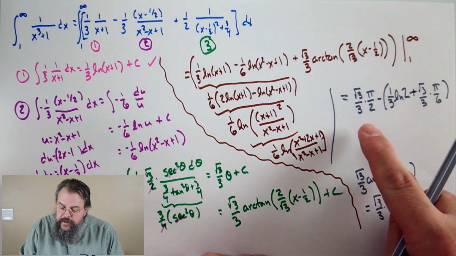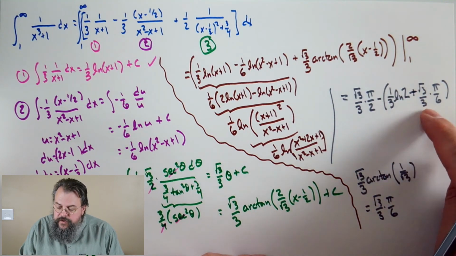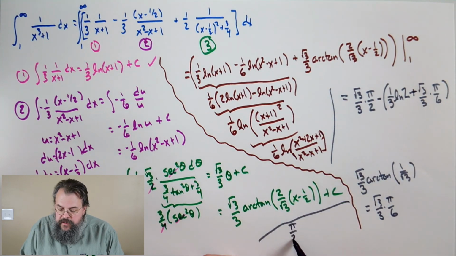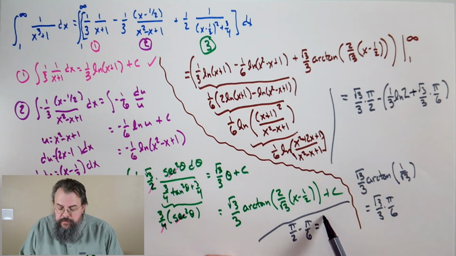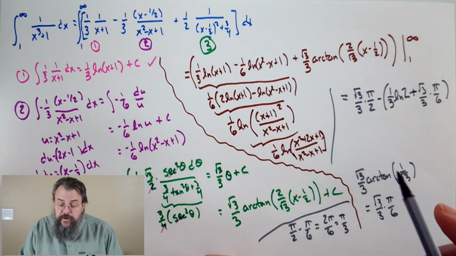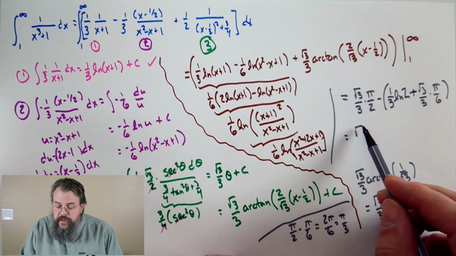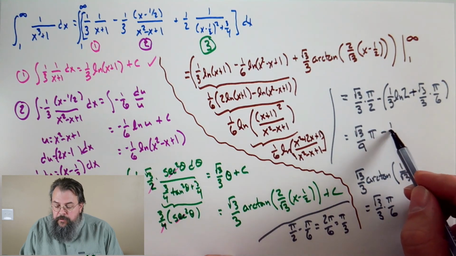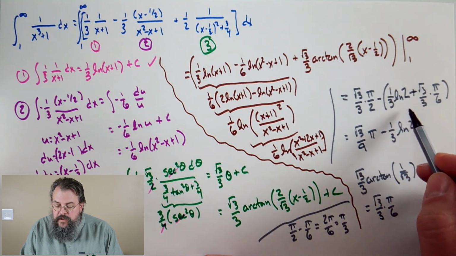Well, look, here's a root 3 over 3 times pi over 2, minus a root 3 over 3 times pi over 6. So pi over 2 subtract pi over 6: that's 3 pi over 6 subtract pi over 6, which ends up being 2 pi over 6, which is pi over 3. So pi over 3 times root 3 over 3 makes it root 3 over 9 times pi, and then minus 1/3 log 2.